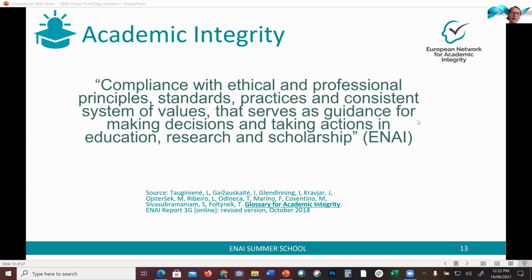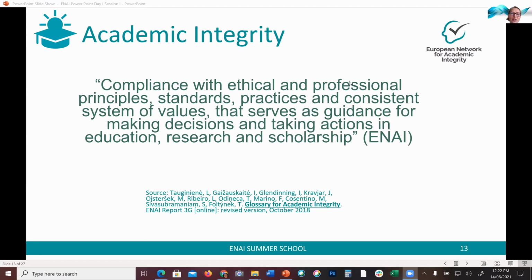In ENAI, after again long discussions with partners from different fields of academia and research from different countries with different professional backgrounds, we say that academic integrity is compliance with ethical and professional principles, standards, practices, and consistent system of values that serves as a guidance for making decisions and taking actions in education, research, and scholarship.